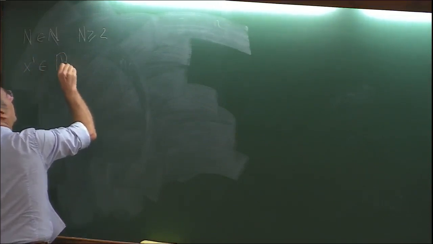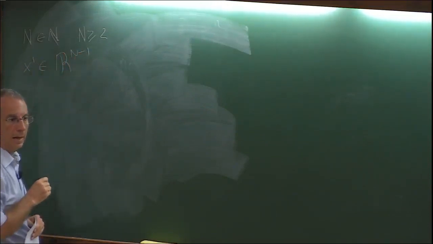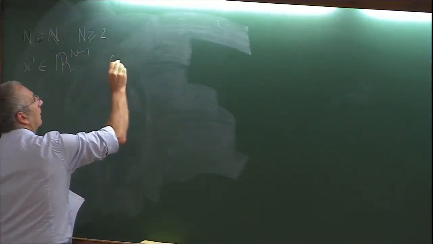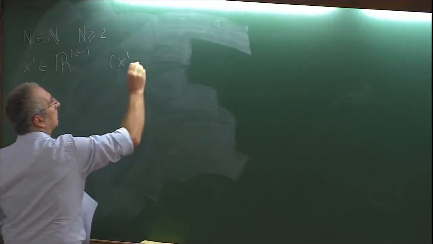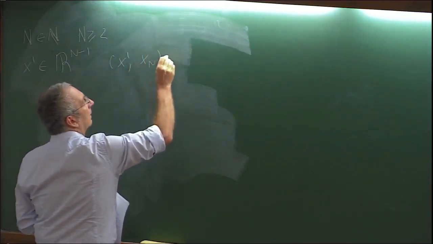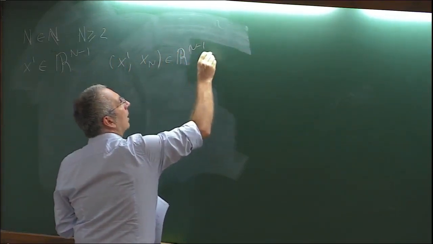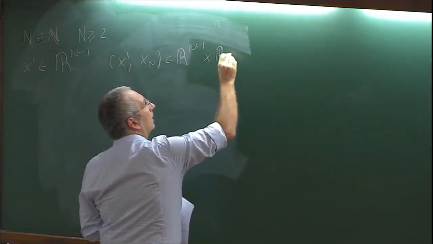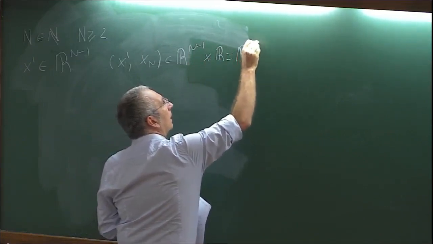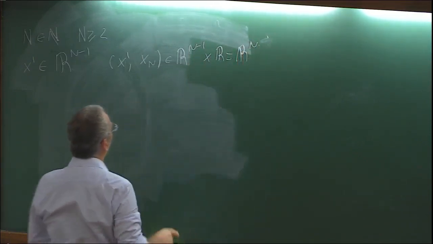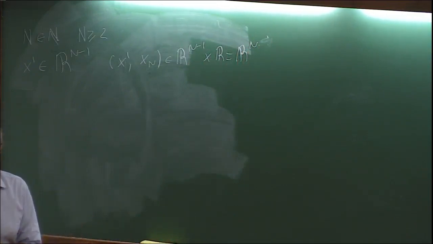Then with x prime, we denote a generic element of R^(n-1), while a generic element of R^n will be denoted by (x prime, x_n), which belongs to R^(n-1) cross R equal R^n. Then x_n in the sequel is the last direction.